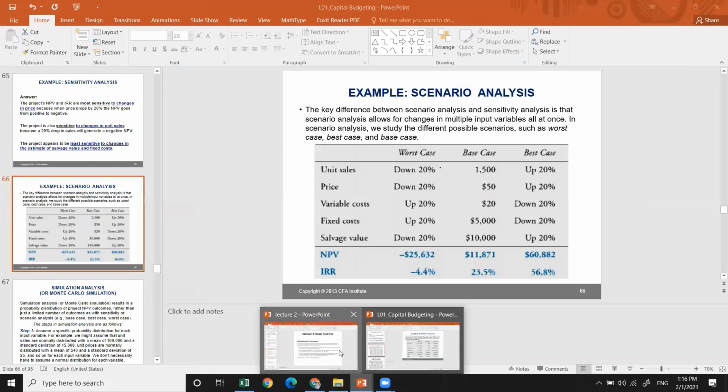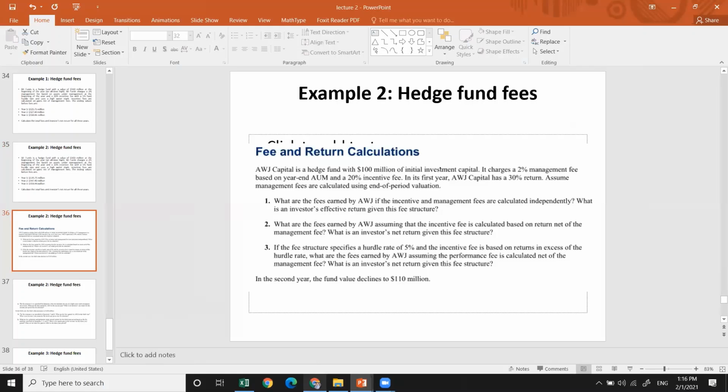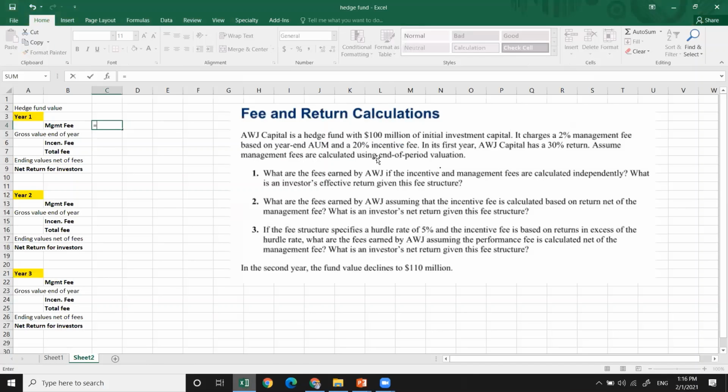So which means, how much money did the hedge fund managers earn here? Who can tell me? The initial value was 100 million, but how much was generated after 1 year? 30 million they earned, right? So in total, the gross value at the end of the year is 130 million. And how is the management fee calculated here, if it's end of the year?